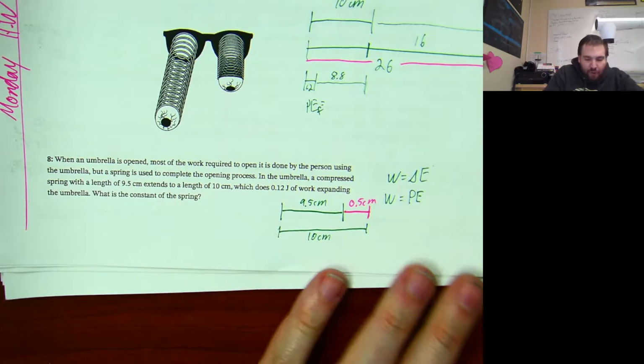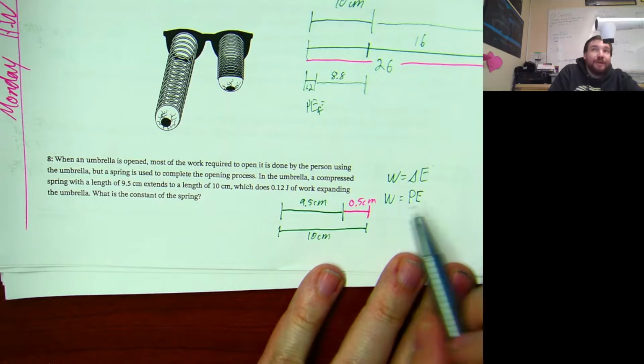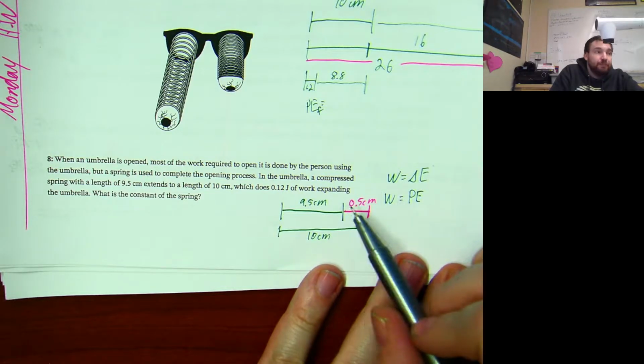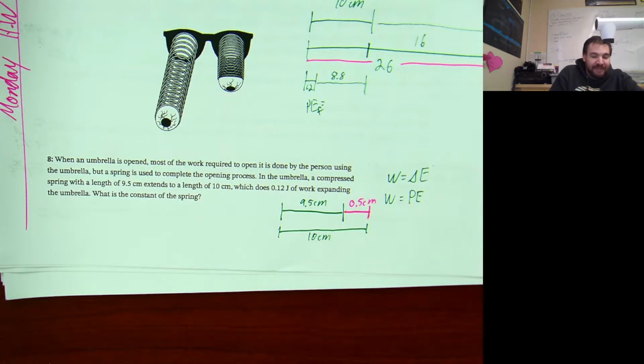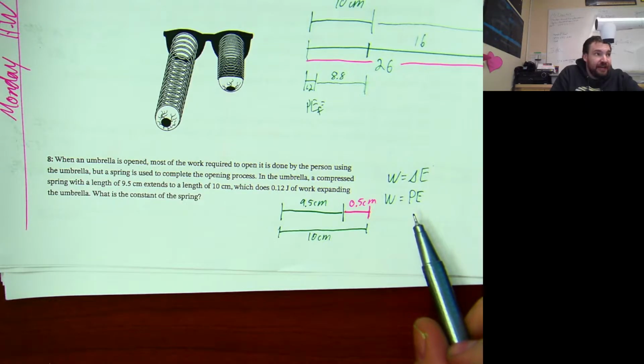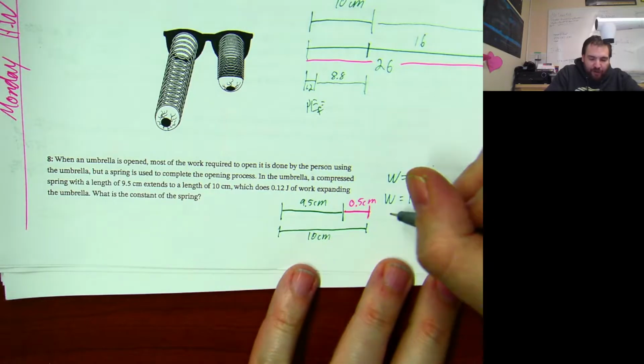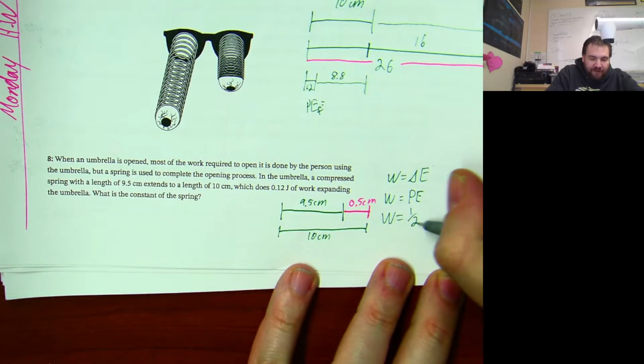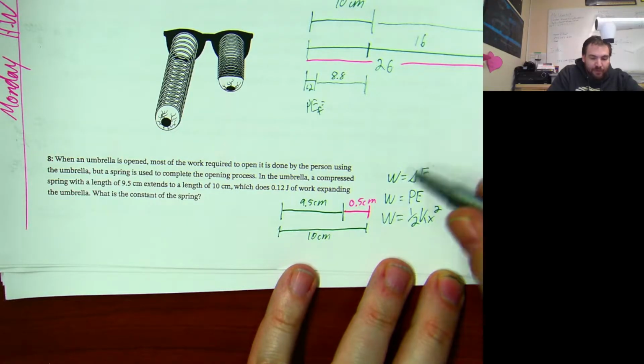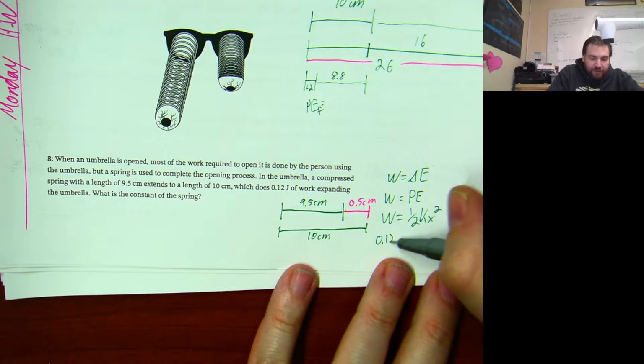Okay? So what we need to recognize is that the work done by the spring to expand itself is equal to the amount of potential energy it had stored in it. Does that make sense? So then work is going to equal 1/2 kx squared, which means my 0.12 joules of work is going to equal 1/2. Do we know k?